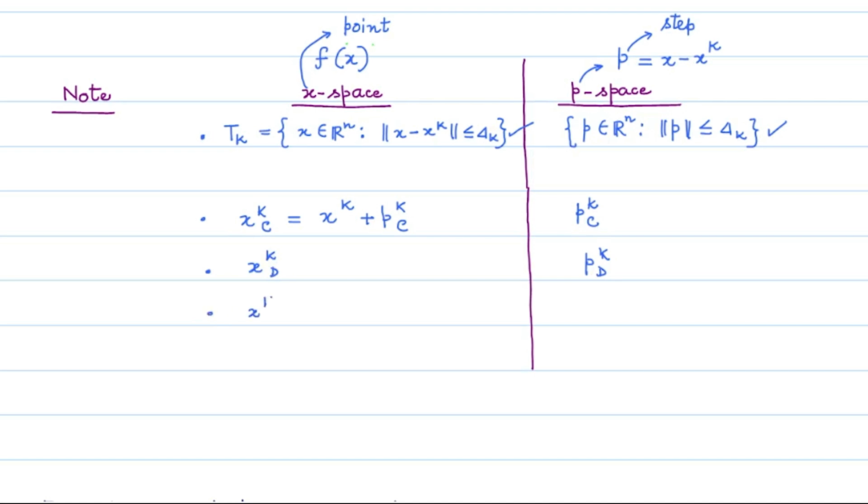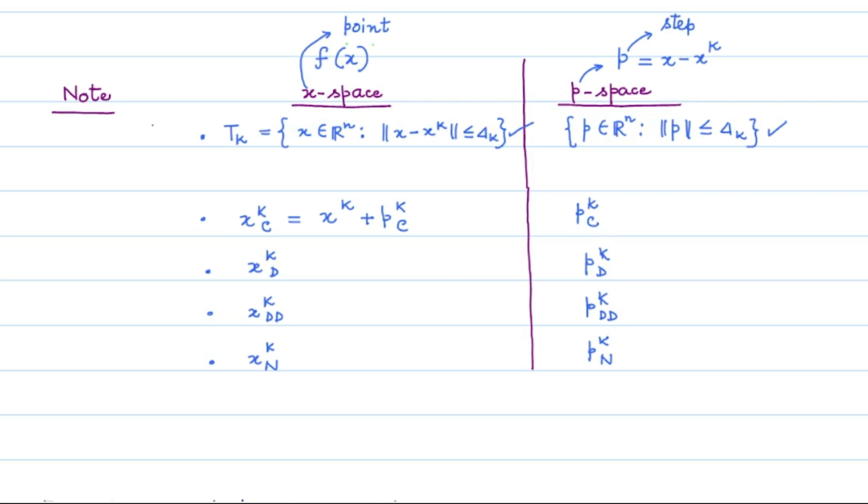Similarly, xkDD is double dogleg point and pkDD is double dogleg step. pkN is full Newton step or just full step, and xkN is full Newton point or just full point. So these are the appropriate terminologies to be used in describing trust region method.